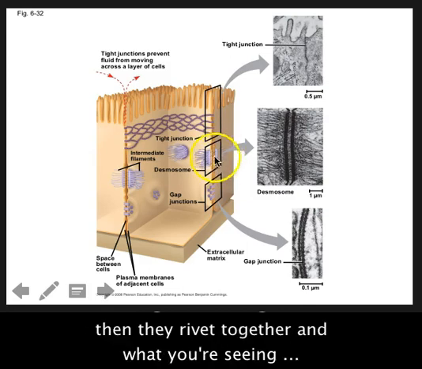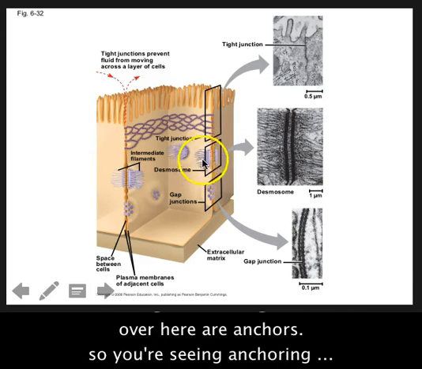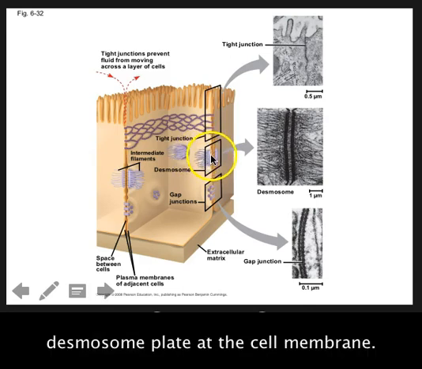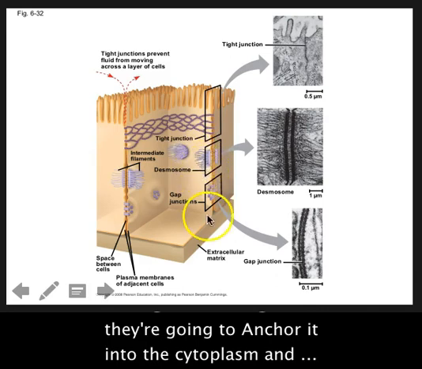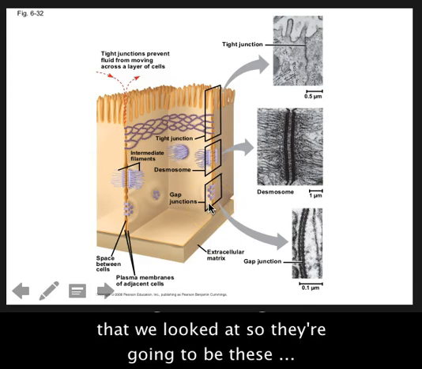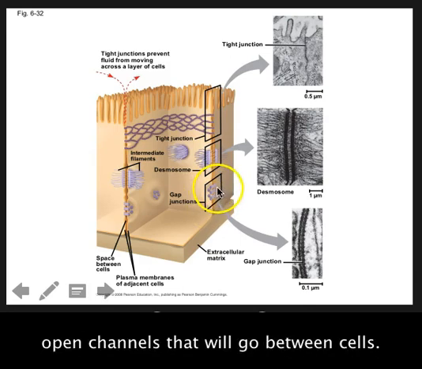There's a plate on each side, and then they rivet together. And what you're seeing over here are anchors. So you're seeing anchoring intermediate filaments that are going to anchor this desmosome plate at the cell membrane into the cytoplasm. And then gap junctions are more like the nuclear pores that we looked at. So they're going to be these open channels that go between cells.